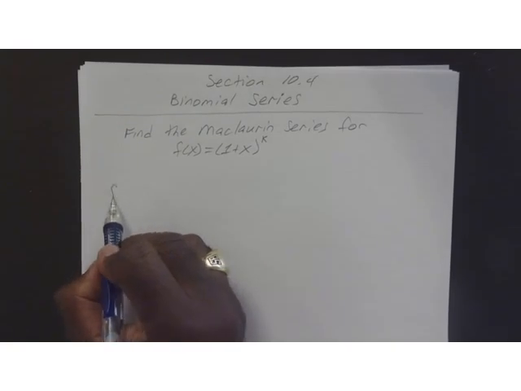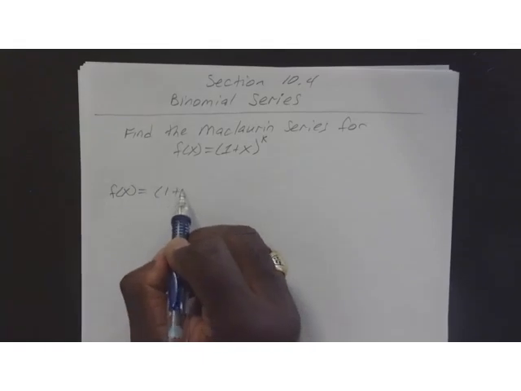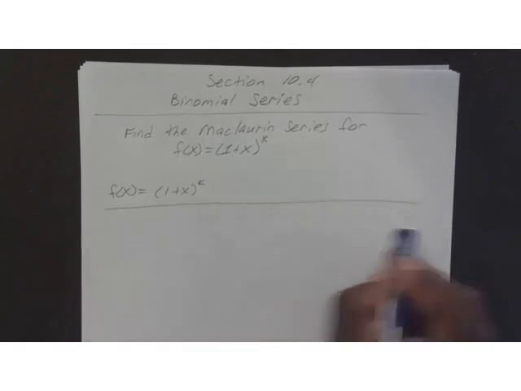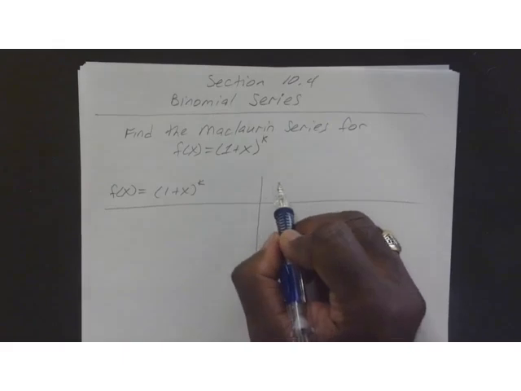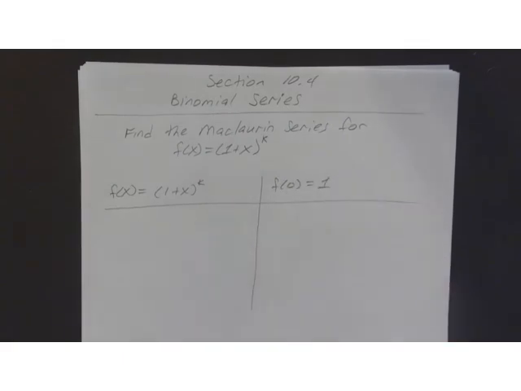Okay, well, we know that our f of x is equal to 1 plus x to the power of k. So f of 0 would just be equal to 1.